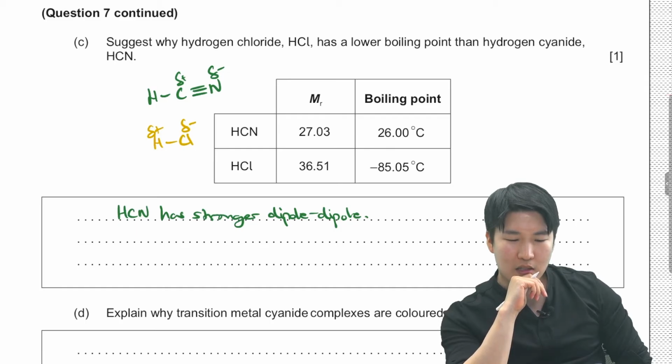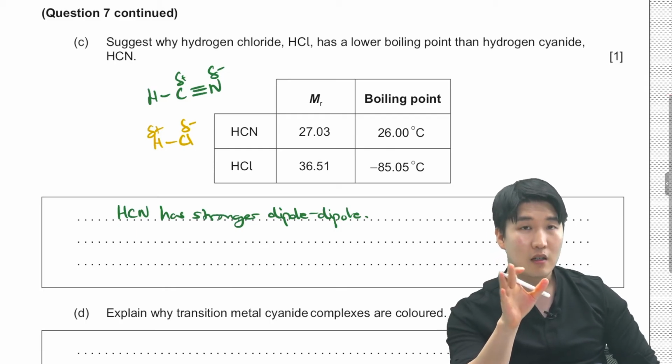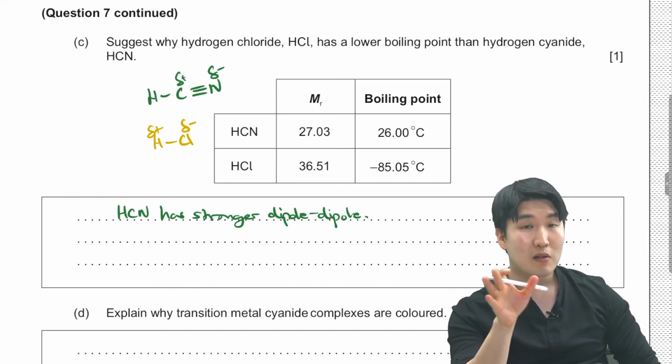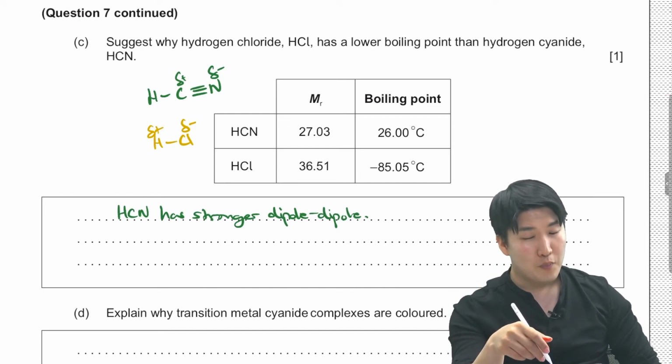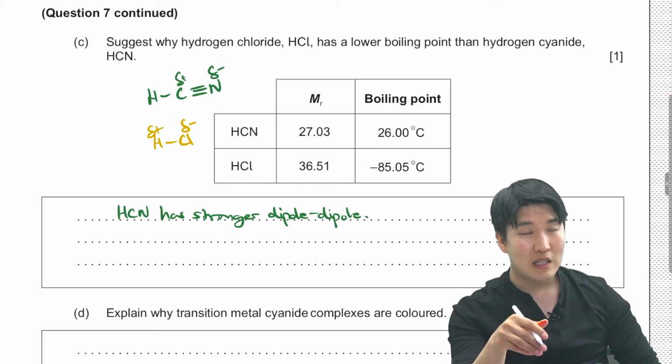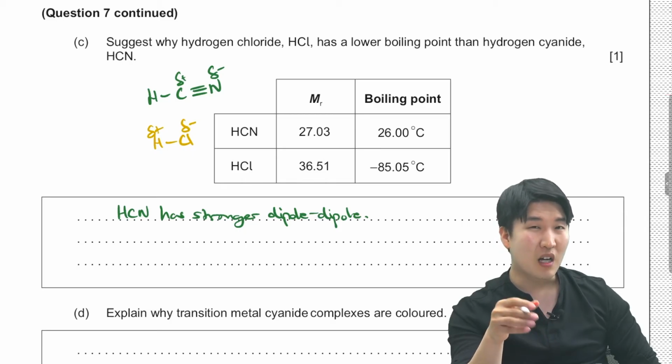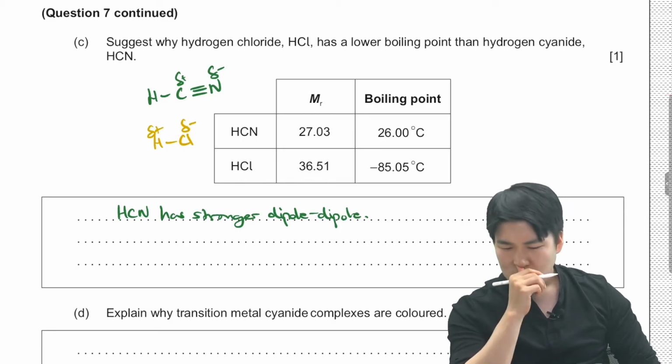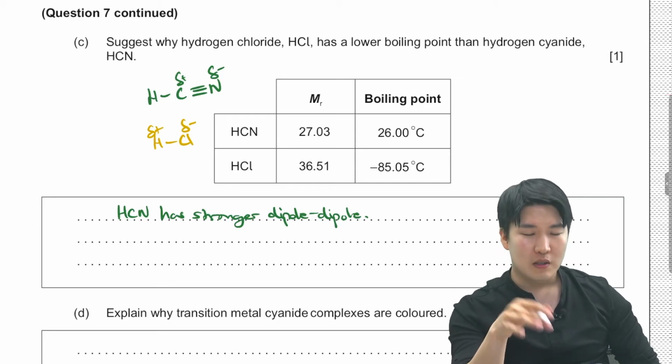It seems that if we compare the electronegativity value differences, the CN difference should be higher than HCl, but let's not go this far. It's beyond IB.